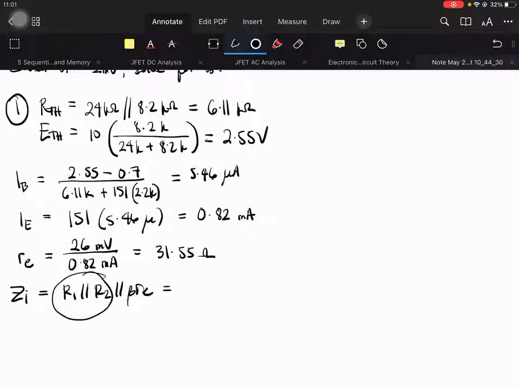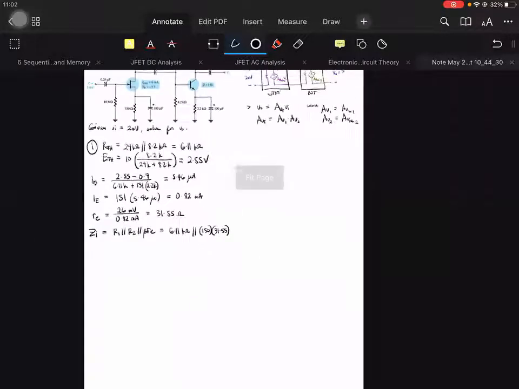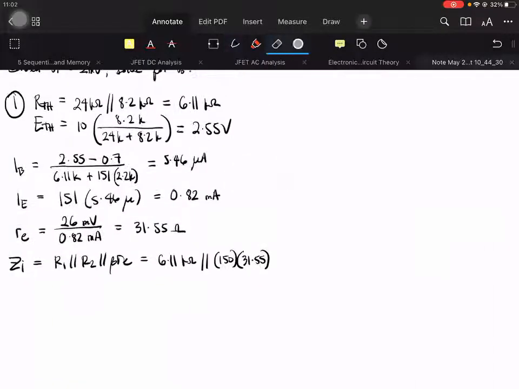And this is already RTH, so 6.11 kilo ohms, parallel beta, which is 150 times 31.55. Sa silong na lang.